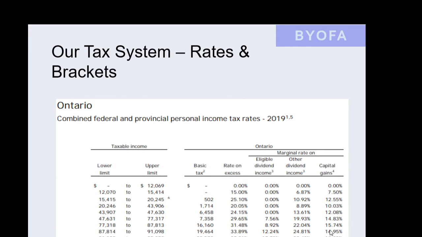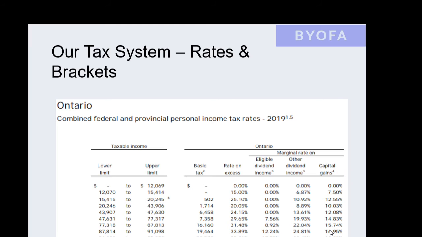So how capital gains work is, let's say I buy a vintage car for $10,000. I fix it up and I sell it for $50,000. I have a capital gain of $40,000. 50 is the selling price, 10,000 is what it cost me, so I have a $40,000 capital gain.